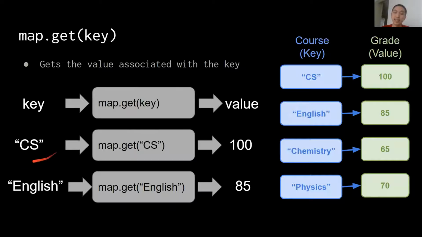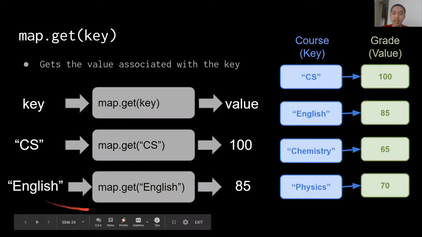So if I'm passing in CS and I pass it into the map.get function, it gives me 100, right? You can think of this kind of like a factory. You put it in and it gives you something. You have an input and it gives you output. So you're basically accessing this relationship. And this is how you use a hash map. So map.get CS gives me 100.